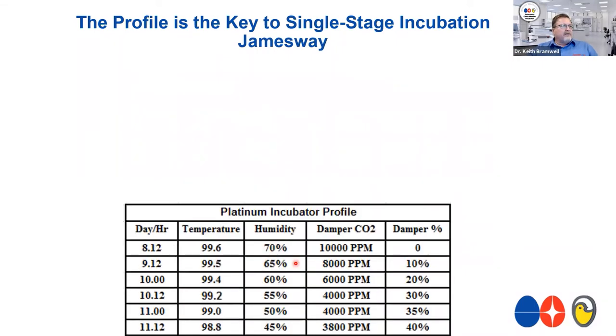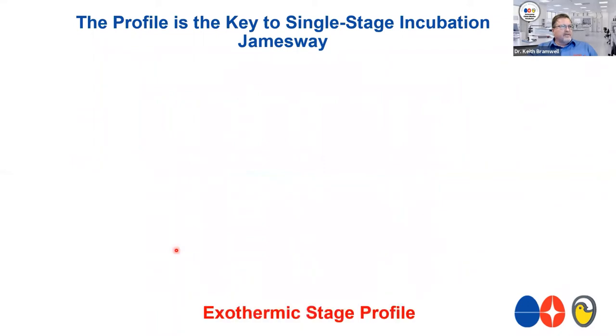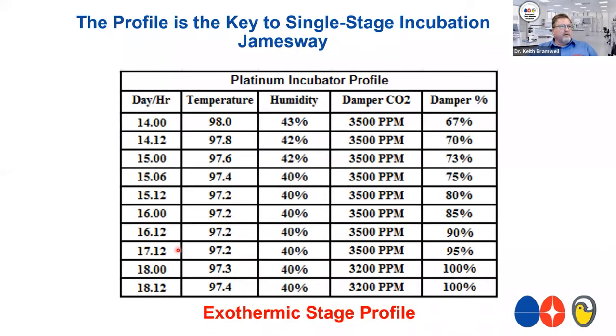And then we can look at that neutral stage. We're still decreasing as the embryo starts producing more heat. And you can see the dampers are opening more as well, and then we get out to 18 days and our temperature continues to drop. Exothermic stage, that's when that embryo is producing the most heat. We have to have that cooler air temperature like I showed.